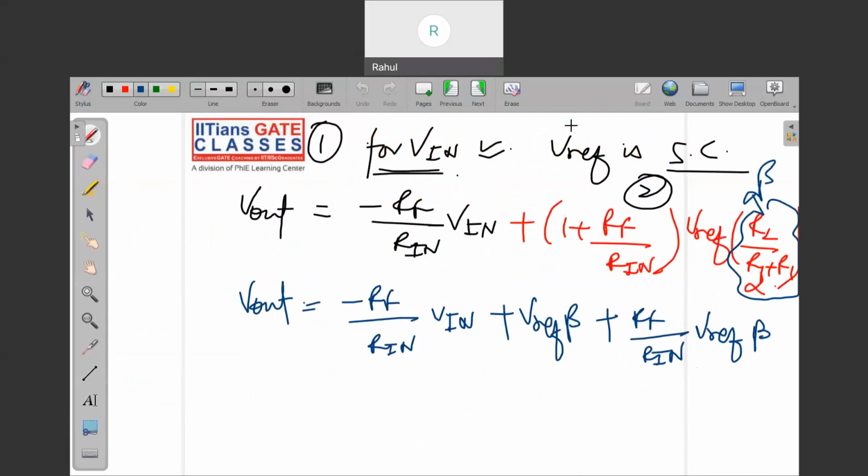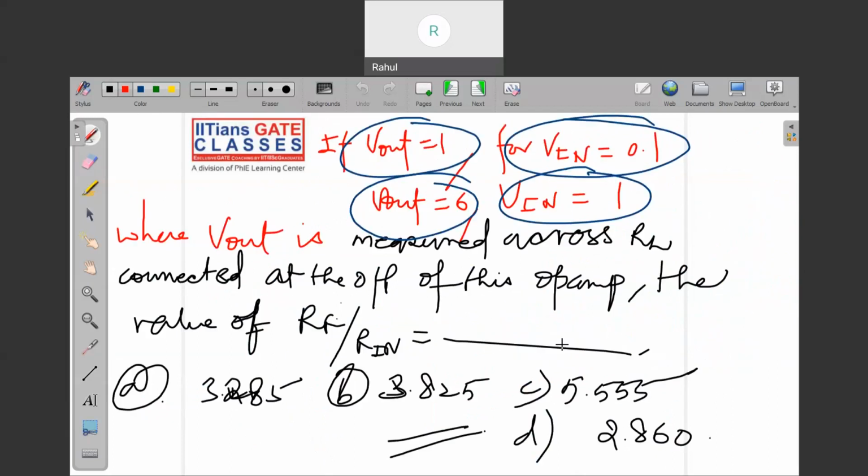The first equation, what will you get? This will be cancelled off if you subtract, remember, right? So let me put two equations and two unknowns.